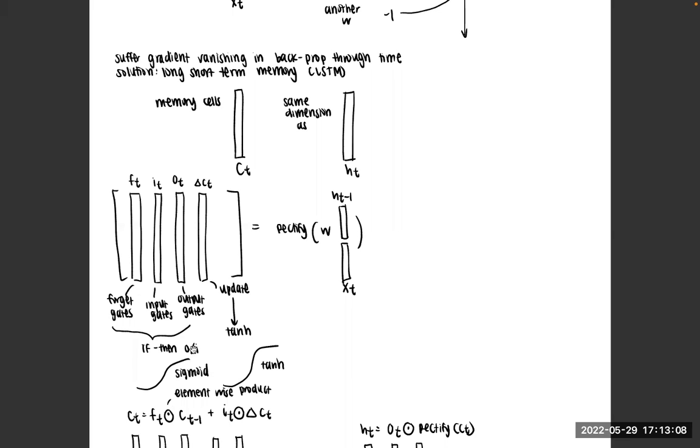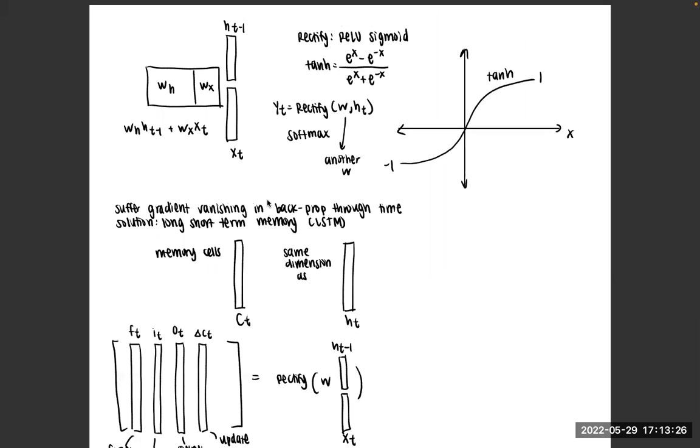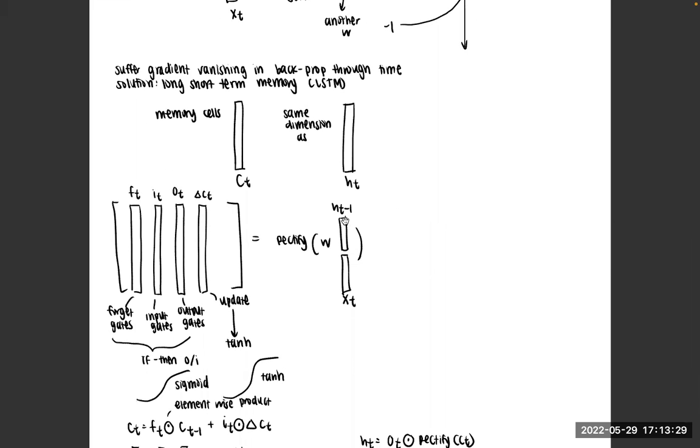It's computed by a sigmoid of a W matrix times the concatenated vector. The input gate vector it is computed by a sigmoid of another W multiplied by HT minus 1 and XT, the concatenated vector. And OT is the vector of output gates, computed as a sigmoid of yet another weight matrix W multiplied by the concatenated vector.